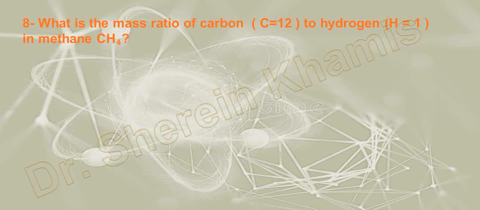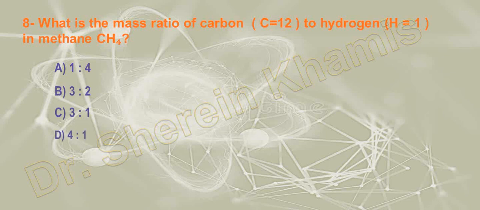We have carbon 12 and hydrogen 4, and we simplify the mass ratio. Dividing by 4, we have 3 for carbon and 1 for hydrogen. So the options are 1 to 4, 3 to 2, 3 to 1, and 4 to 1.